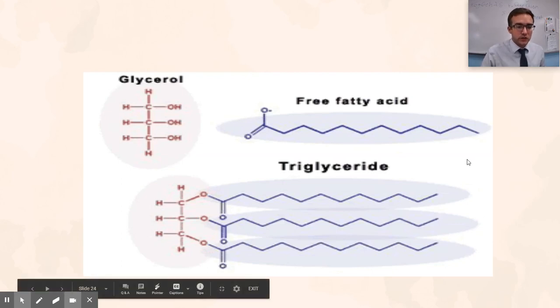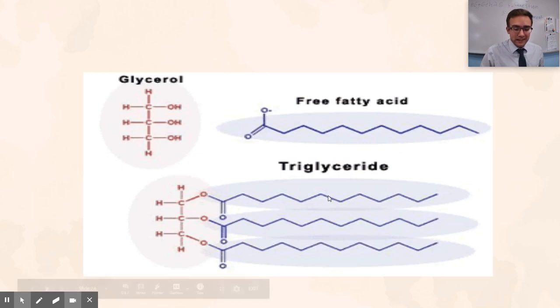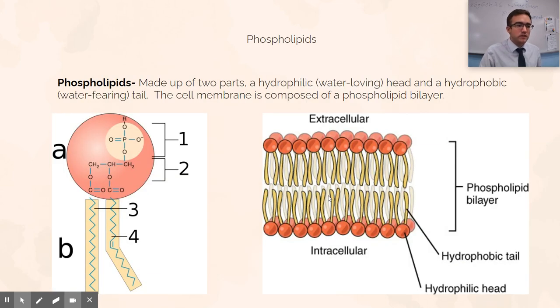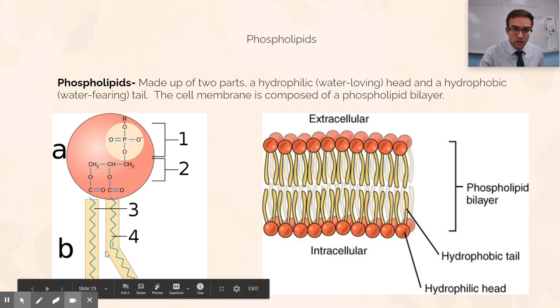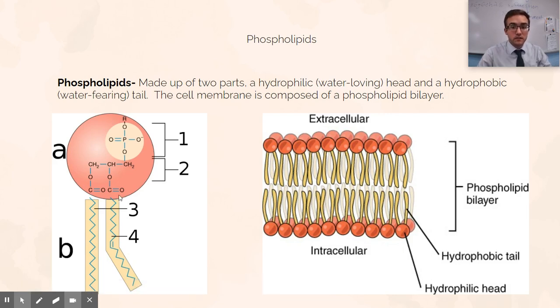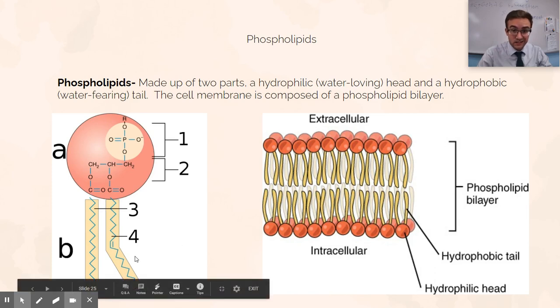So this glycerol and this free fatty acid, while it forms a triglyceride in the body, it can also form what we refer to as a phospholipid. Phospholipids have two parts to them. They have a hydrophilic head, which part of it is glycerol, and a hydrophobic tail, which is fatty acid. So the phospholipids have a polar head and a non-polar tail.